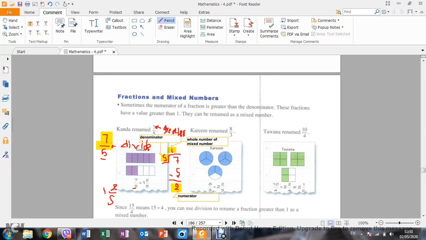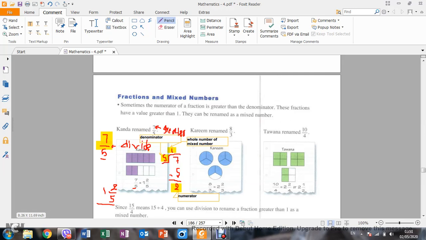At that time I'll rename it. The 5 is solid. Again, I'll rewrite it. So 7/5, I rename it like 1 and 2/5. So I write it again like a mixed number.